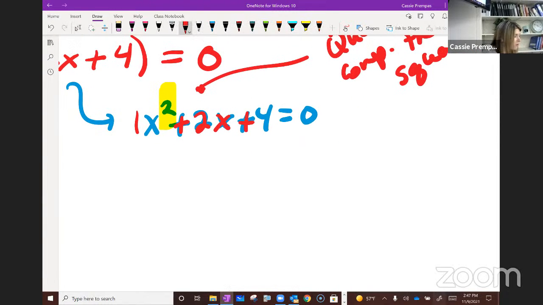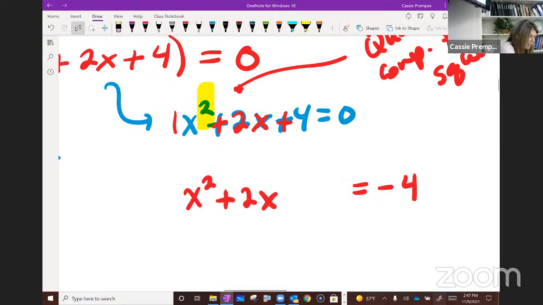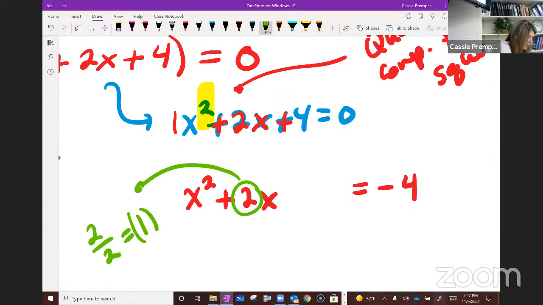What do we have to do with that 4 first? Good, subtract it to the other side. So we get x squared plus 2x is equal to negative 4. And then in completing the square, you're going to take half of the middle number. So what is 2 divided by 2? 1, and then we square that. What's 1 squared? 1. And if I add it to this side, what do I have to do?